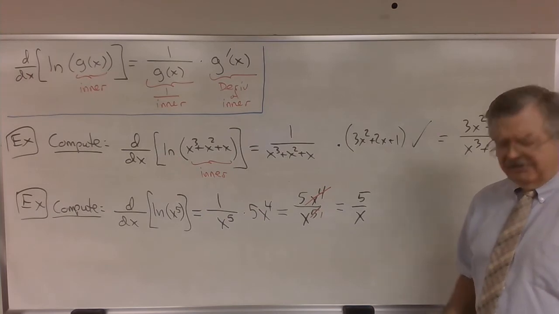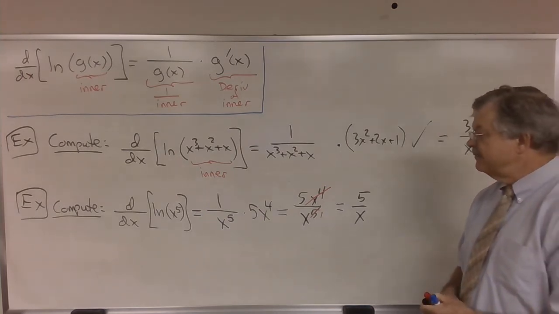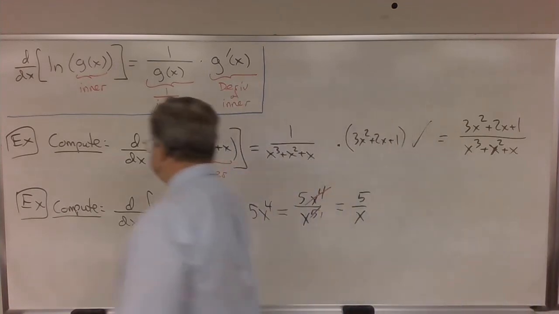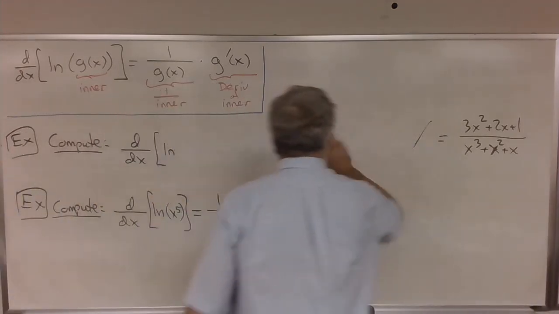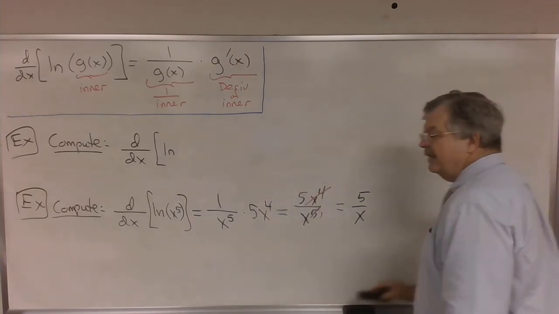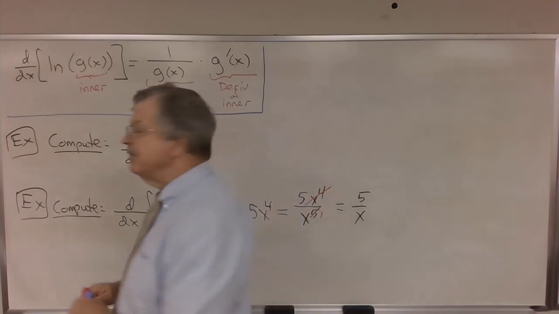Well, let me ask you something. Could we have done that a different way? Maybe. Let's try this thing a different way, just to illustrate the consistency of the algebraic properties of natural log.